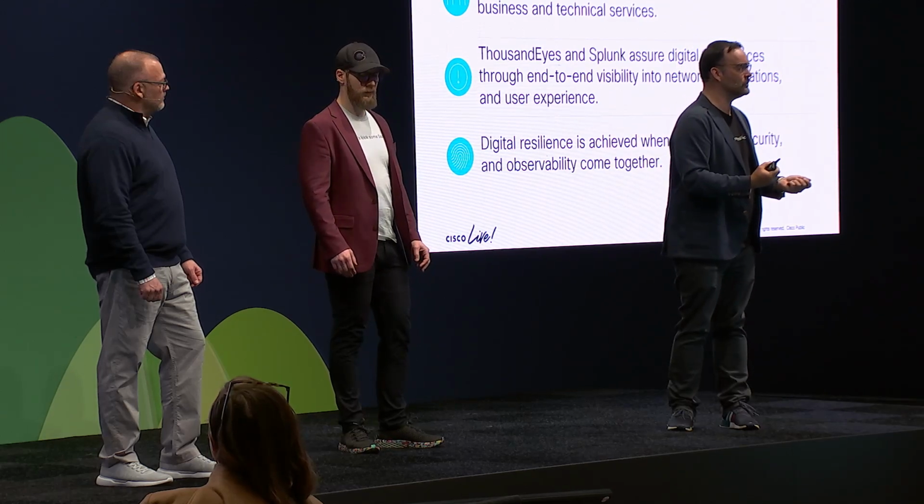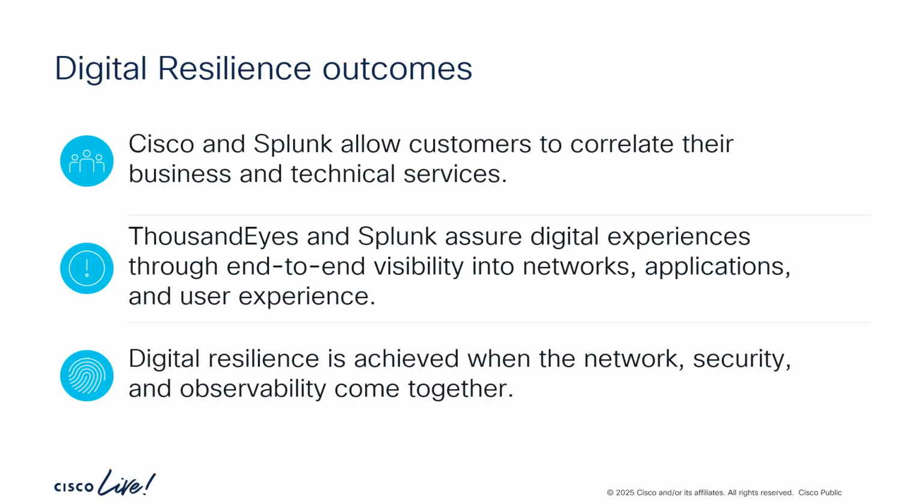What's the page load time from the browser for that user that's actually accessing the application? So there's another level of sophistication and granularity we can do when we synthesize and bring all of that data together. So digital resilience, this outcome that we really think is valuable for customers, is achieved only when we bring together all of that data for the network, for security, and for application observability.